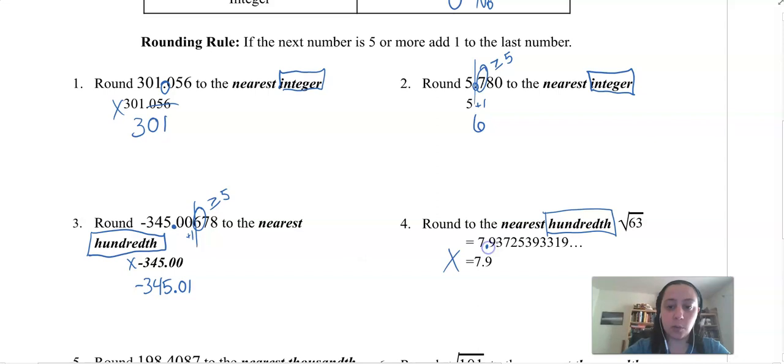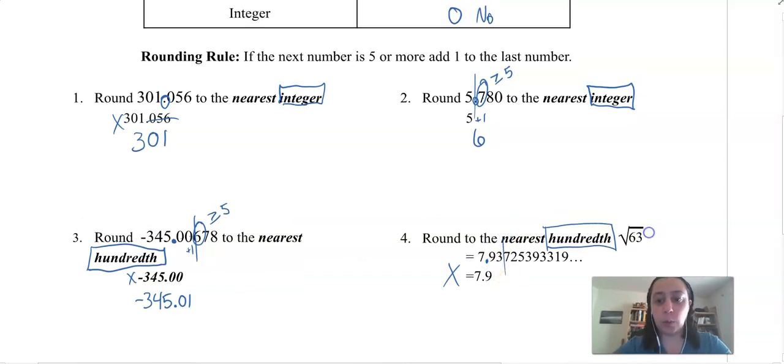Here is our decimal point. 1, 2, cut it off here. We look at the next number, 7. 7 is bigger than or equal to 5. So we're going to add 1. 93 plus 1 is 94. So the correct answer is 7.94.